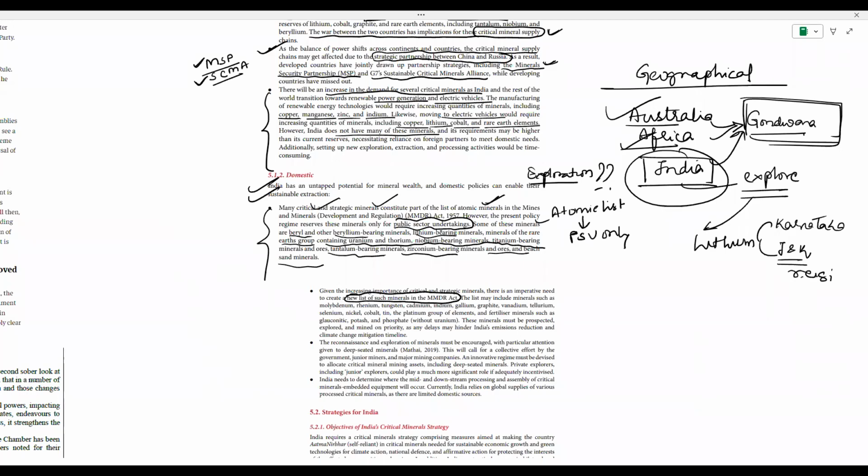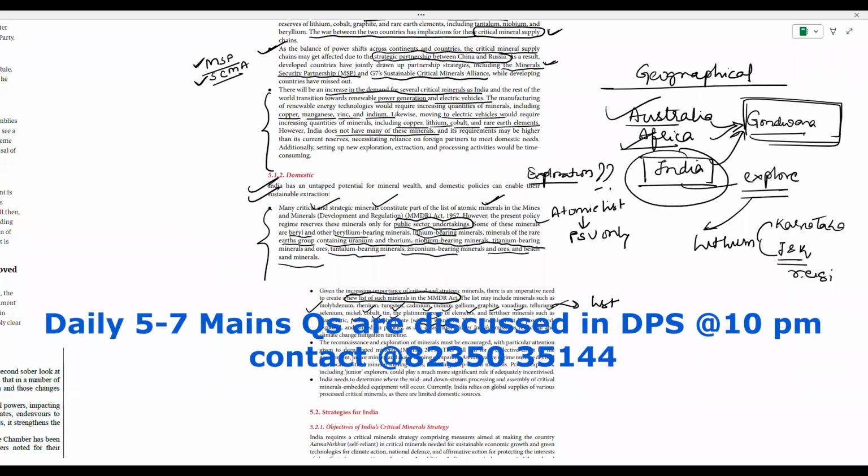Molybdenum, radium, tungsten, cadmium, indium, gallium, graphite, vanadium, tellurium, nickel, cobalt, tin, platinum, all without uranium must be made into another list, which is the critical mineral list.